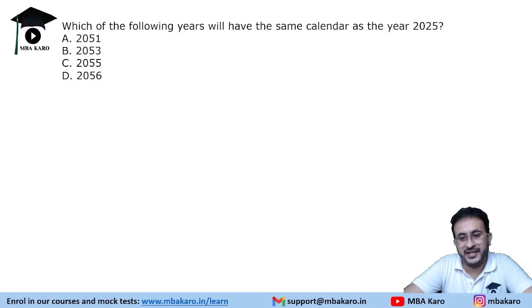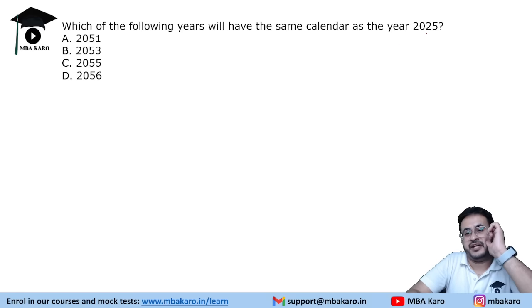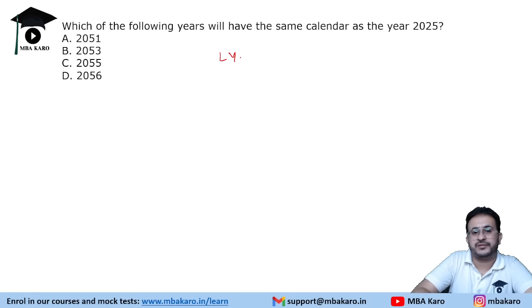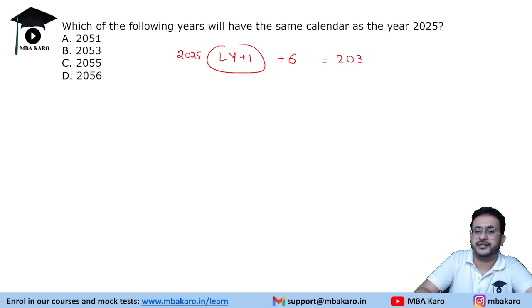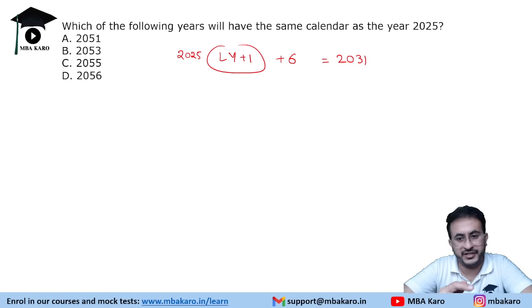Now you must be wondering that I taught you that it repeats after 6 years or 11 years, but the options are given in the 2050s. How can we find out? Okay, so 2025 is in leap year plus 1 format. It repeats after 6 years, so it will repeat in 2031.